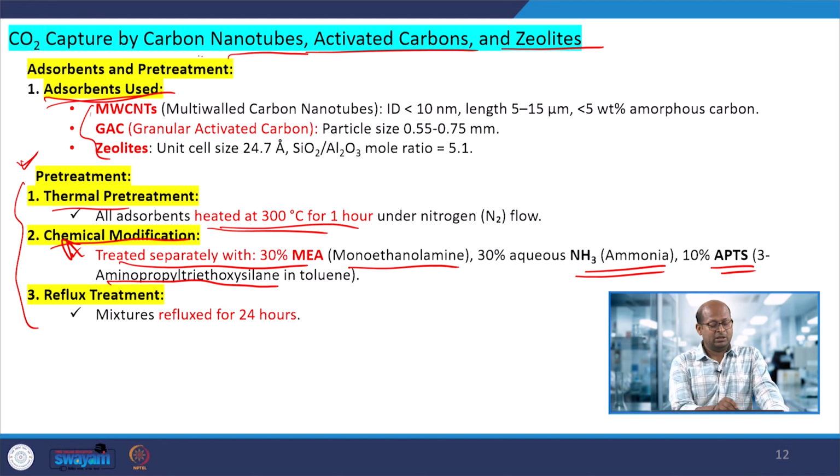These are the carbon-based materials, activated carbons or carbon nanotubes, or zeolite materials, and then we can reflux for 24 hours. This is the pre-treatment basically.